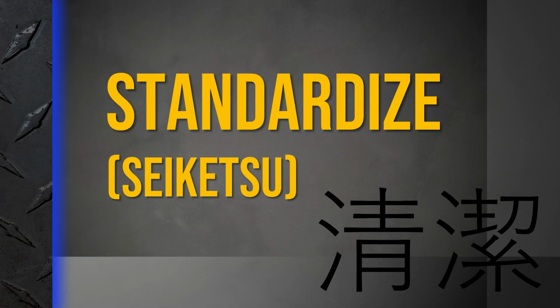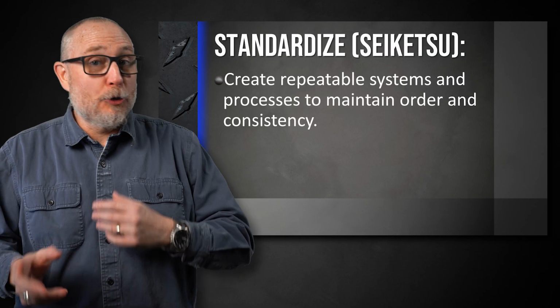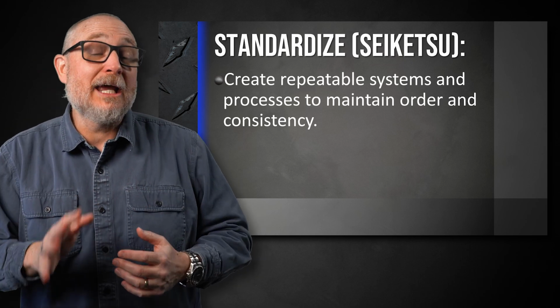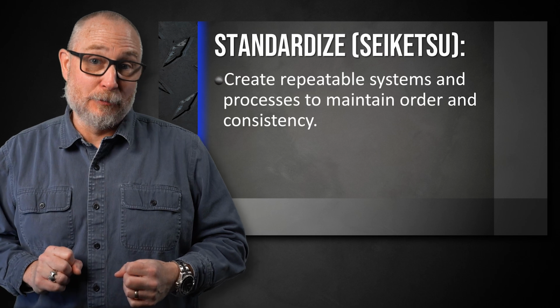The fourth pillar is standardize, or seiketsu. In this step, you want to create repeatable systems and processes to maintain order and consistency. You're never reinventing the wheel. You're never having to figure things out that you figured out before.